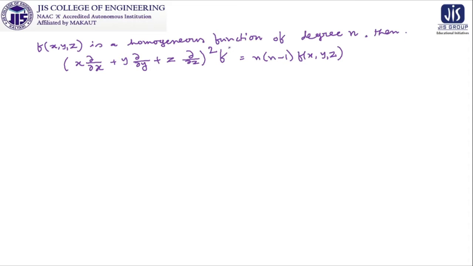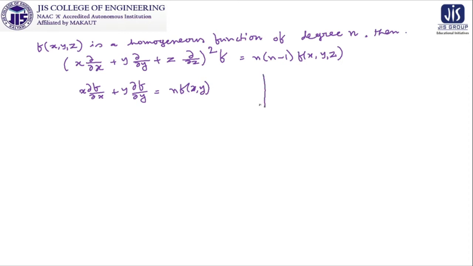The important thing to be observed and noted down is that in case of first order, we have x del f del x plus y del f del y, and if I consider only two variables, it is n into f of x comma y. But for second order, x del x plus y del y, whole square on f, is equal to n into n minus 1 into f of x comma y.